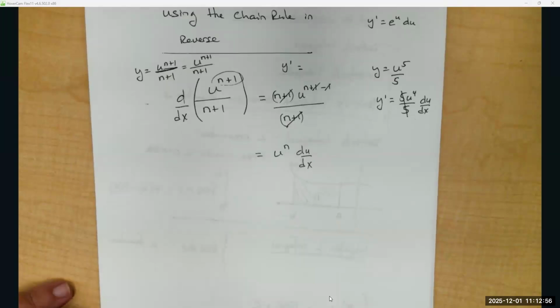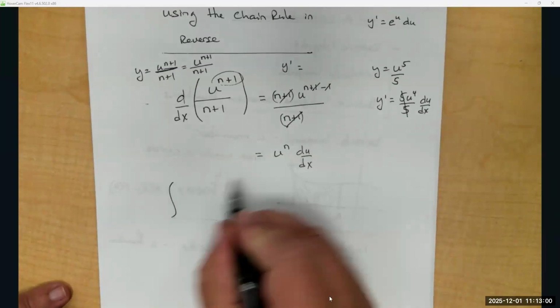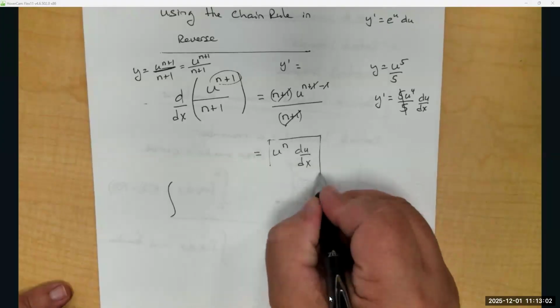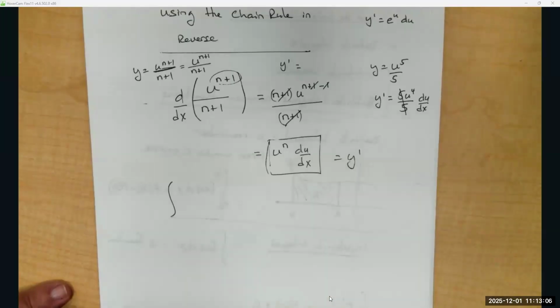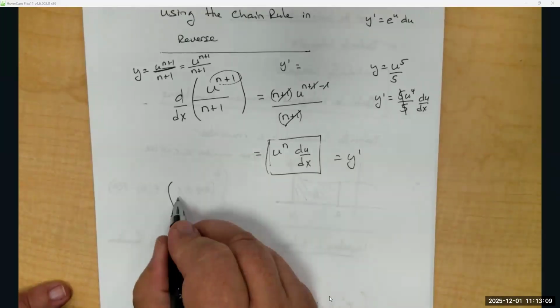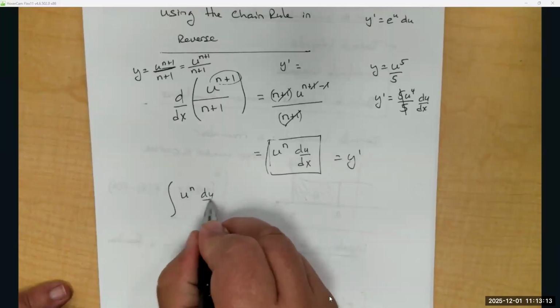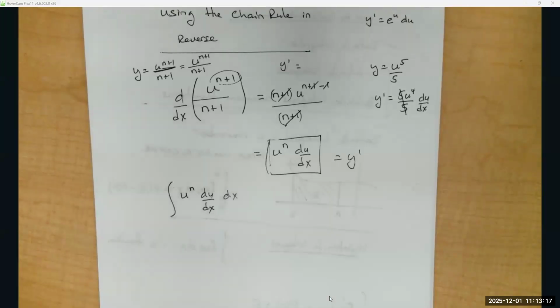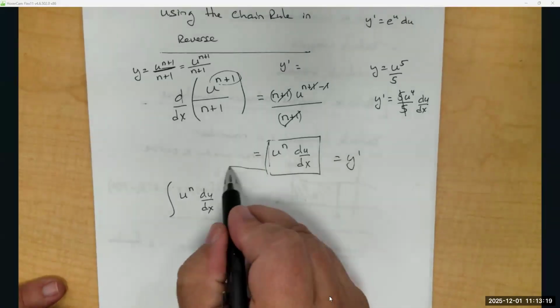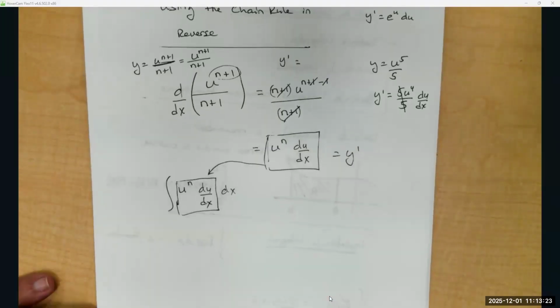Now we've got to work backwards. If I started with this, what does this number represent? That's my derivative. So if I go u to the power n du dx, and I'm integrating it, so it's with respect to x. So I took this equation, put it in there.